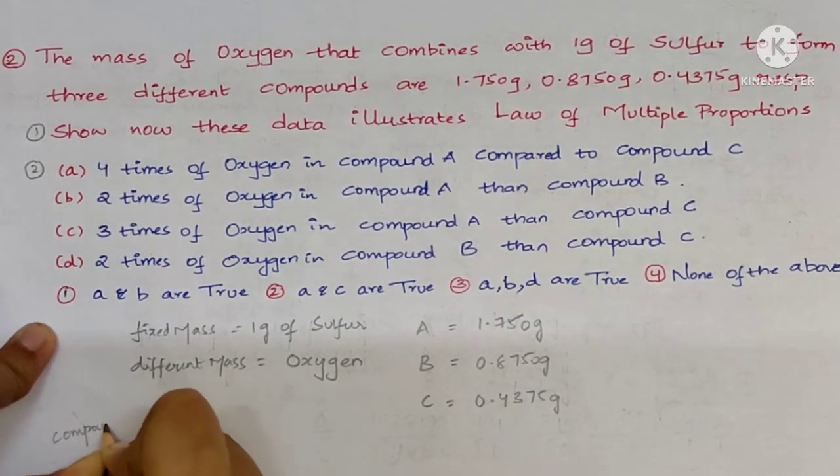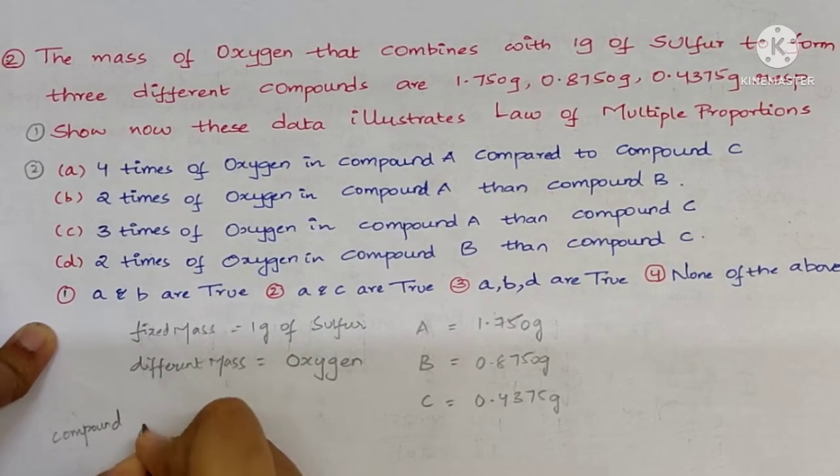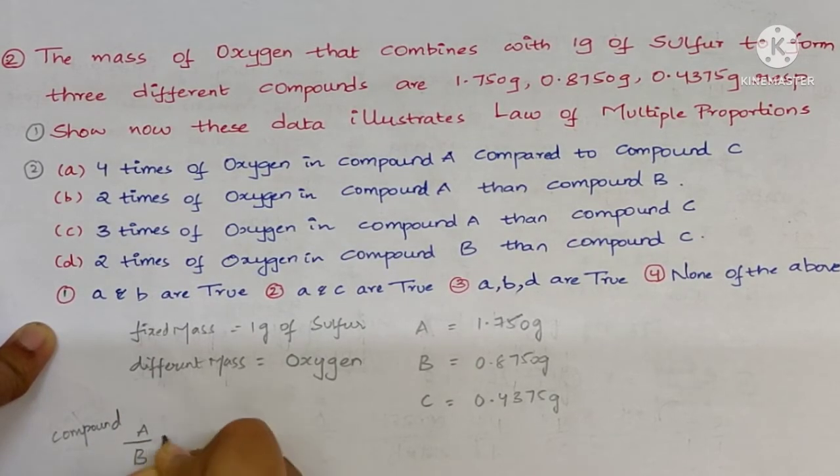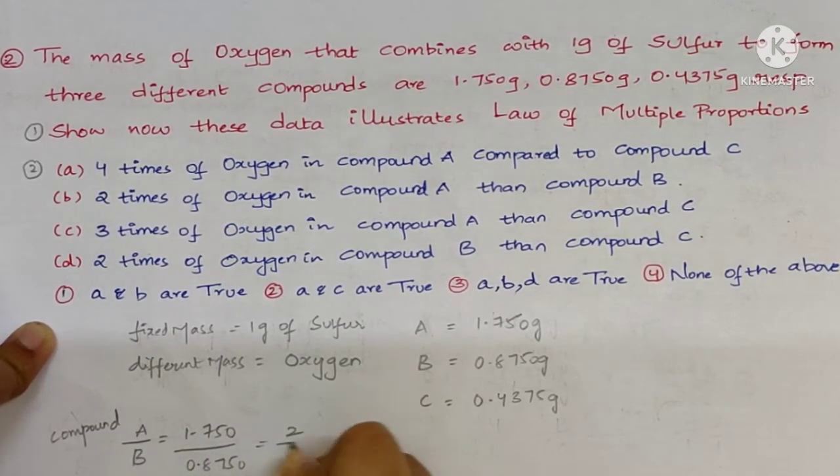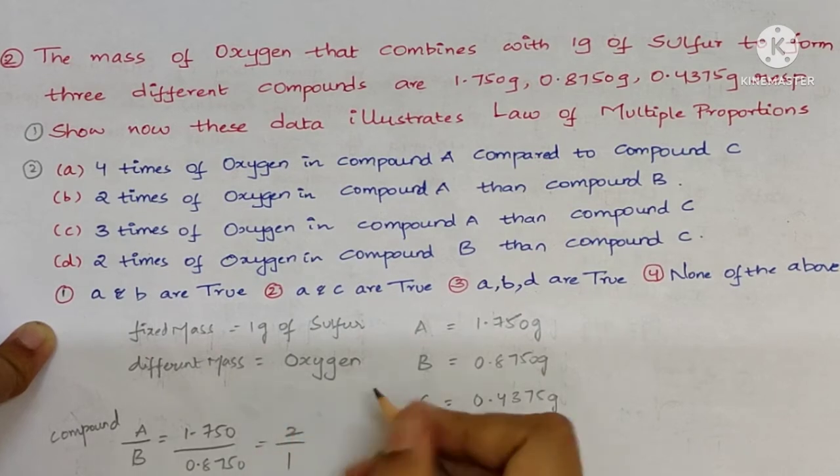We have to solve this problem as compound A compared to compound B. What is compound A's mass? 1.750 by 0.8750. If you simplify, we'll get 2 by 1, 2:1.